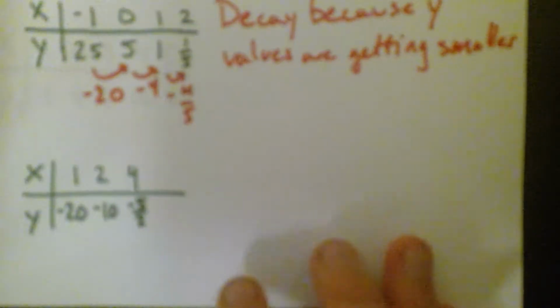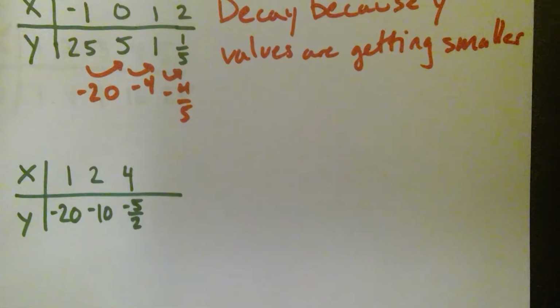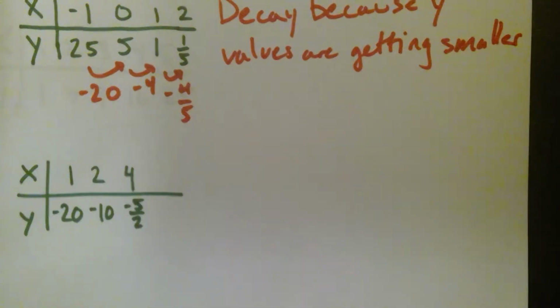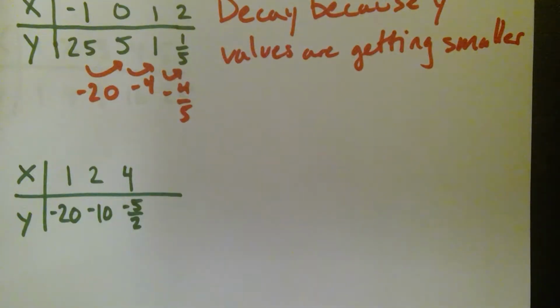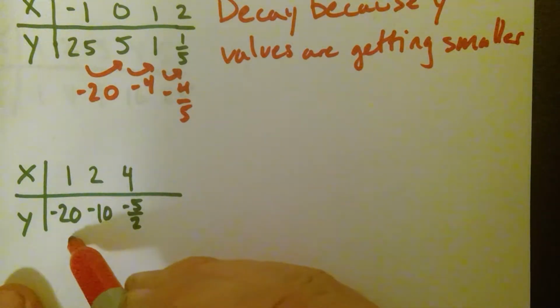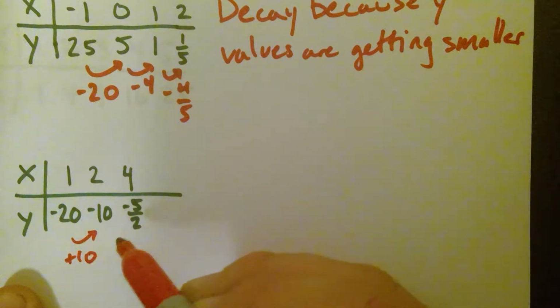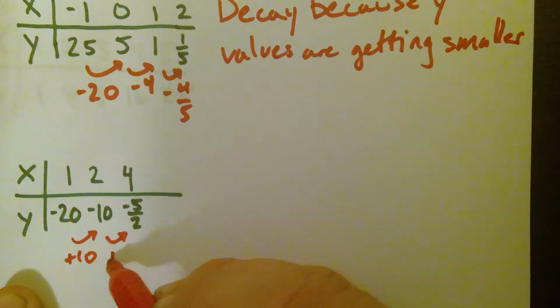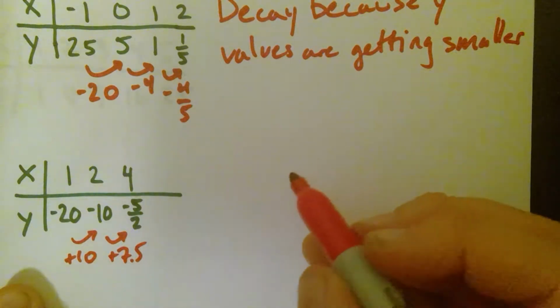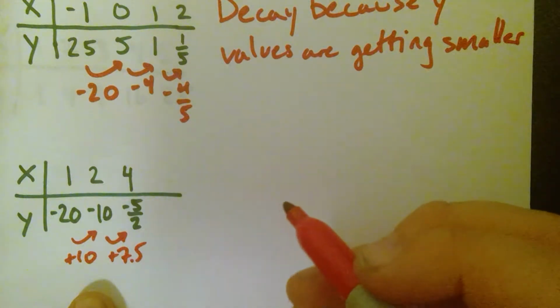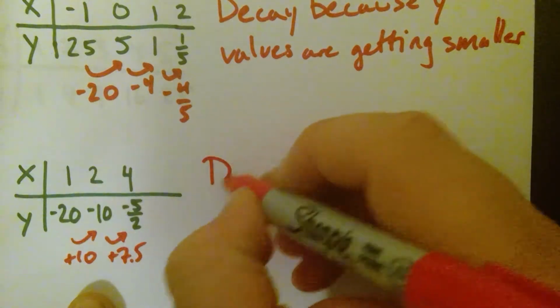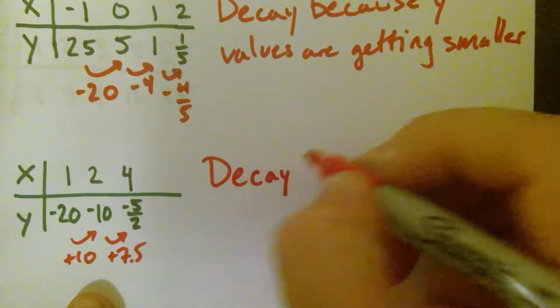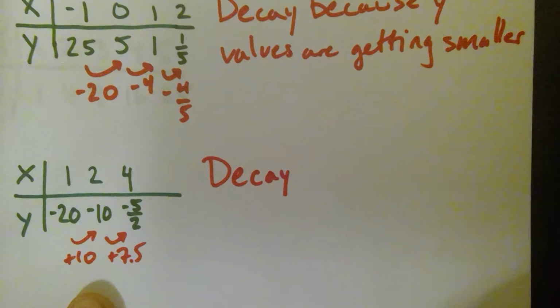Now we have one more table we're going to look at. This one's a bit odd because it would seem like we are adding 10, we're adding 7.5. But we're going to call this one decay, and this is going to make more sense when we look at graphs of exponential functions in a week or so.